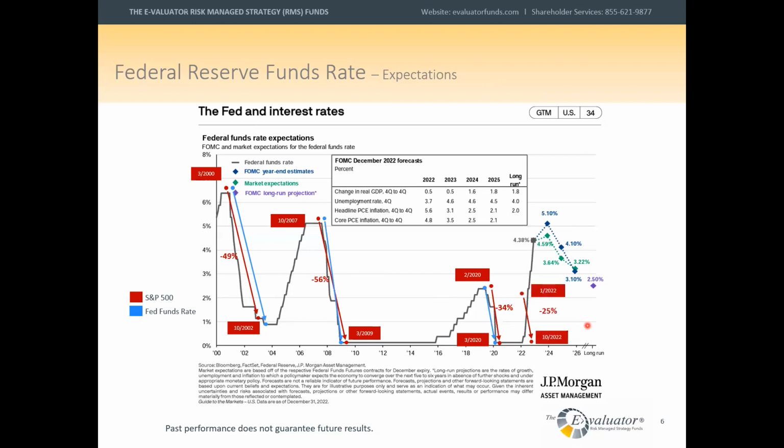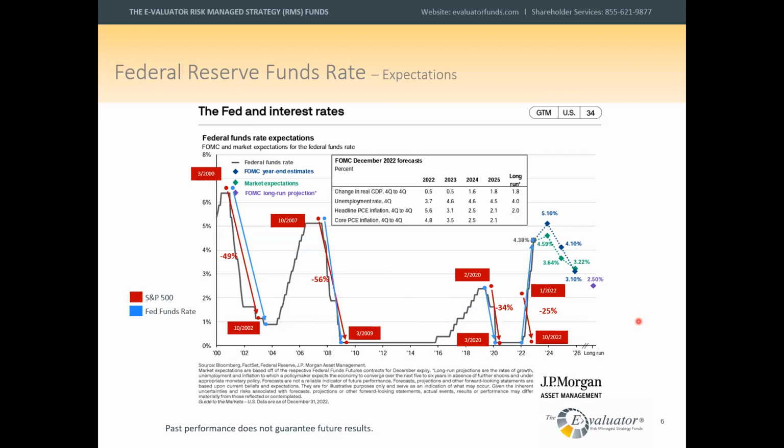Then in January of 2022, the stock market peaked, and from January through October, it lost 25% of its value. But this time, instead of lowering interest rates, the Federal Reserve was in the midst of fighting inflation, so they're raising interest rates.